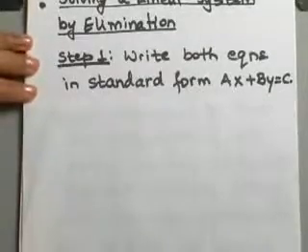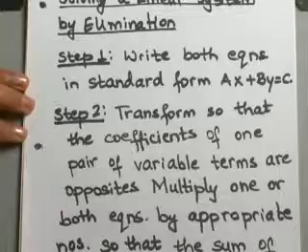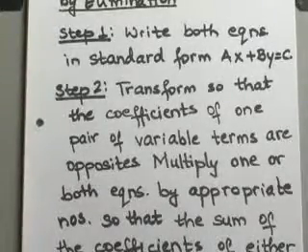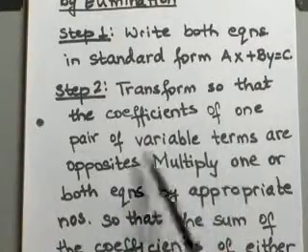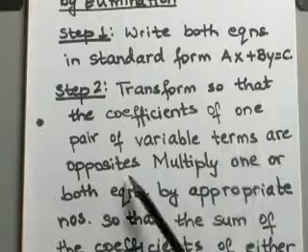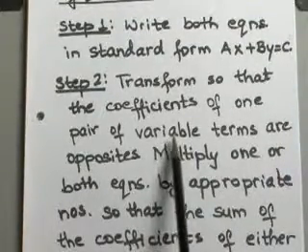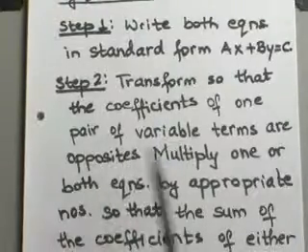Then your next step in your method here is basically you have to transform your coefficients so that the coefficients of one pair of variable terms are opposites. Okay, so if you want to take the x variable, make sure that the coefficients on the two x variables are opposites.